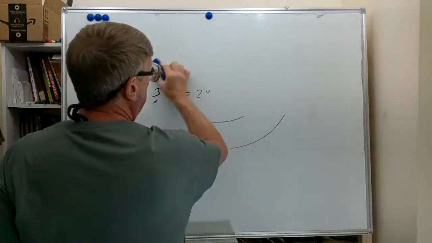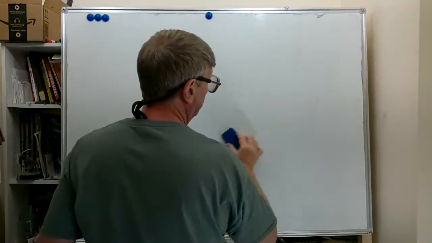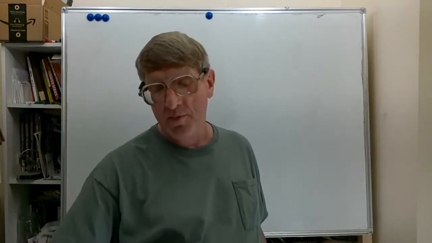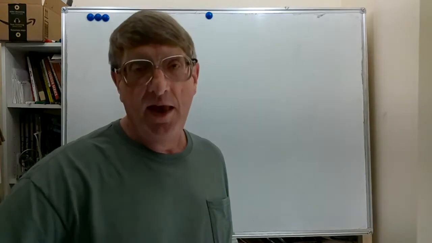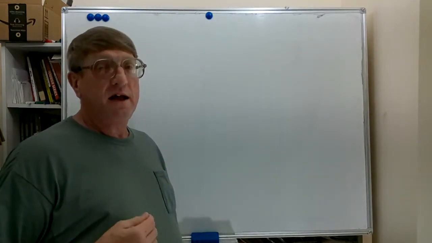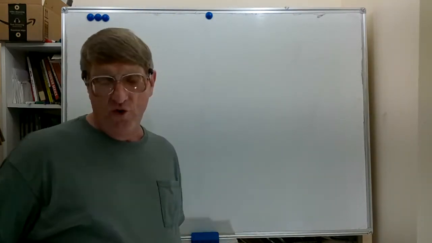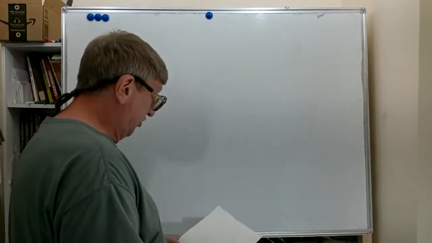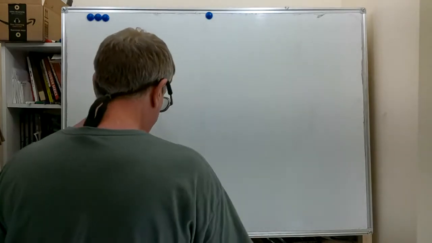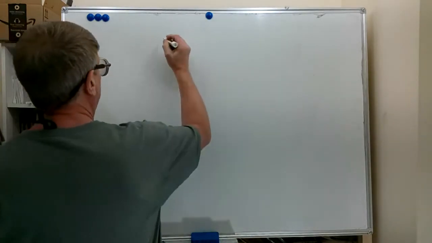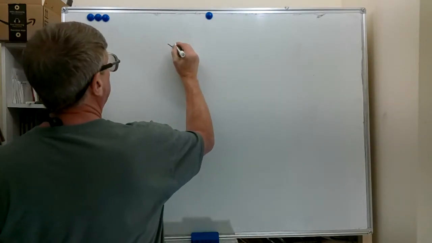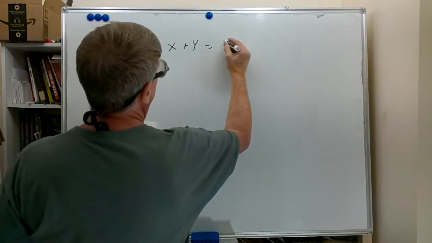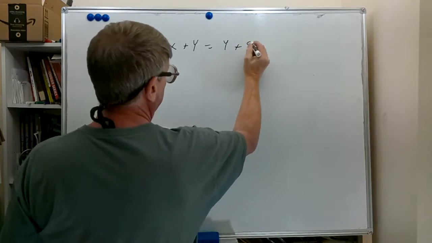Another important thing to think about: we have what are called the commutative laws. Basically, to commute means to go back and forth. So the commutative laws indicate that things go both ways. If we think about addition, we say that x plus y is equal to y plus x.